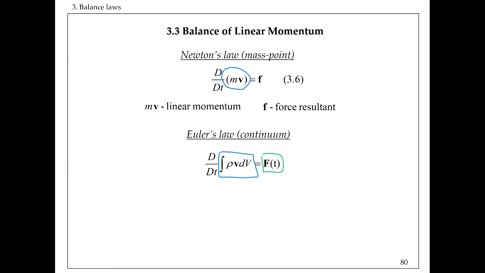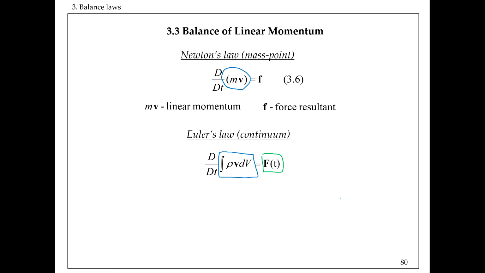And there are in fact two types of forces that we can distinguish. Some can be applied on the surface, as typically we would push or pull the material at certain points of the continuum body.